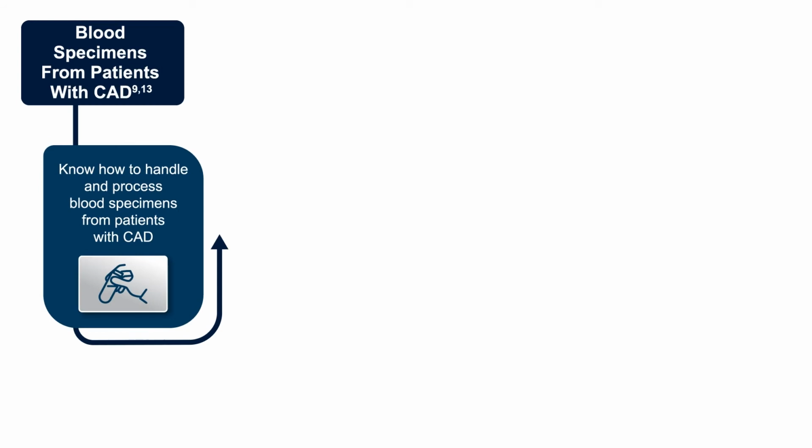So in this section, we're going to walk through every step of the diagnostic algorithm. Before we start, we have to really emphasize the fact that you, as a clinician, and your laboratory staff have to know how to handle and process blood specimens from patients with suspected cold agglutinin disease.